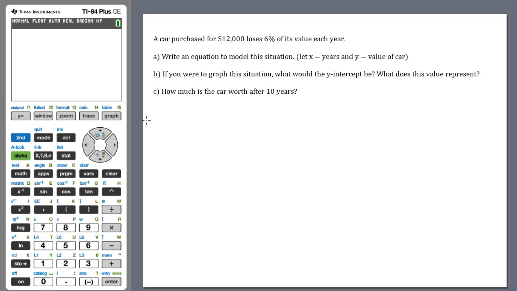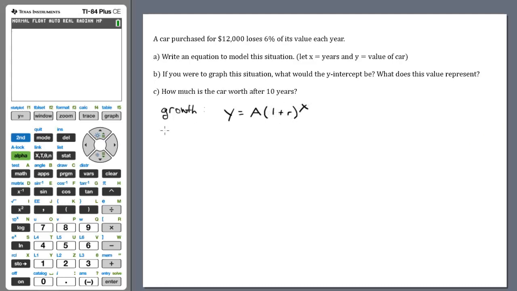With exponential growth, there's two formulas we're going to use. In the case of exponential growth, the formula is y equals, let's say, a times 1 plus the rate to the power of x, or to the power of t for time.